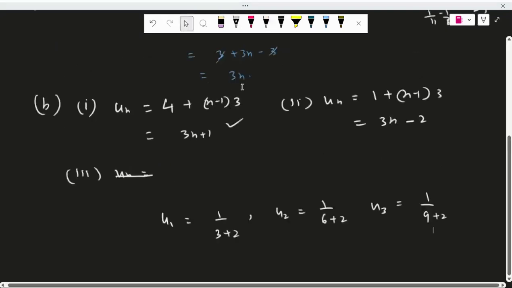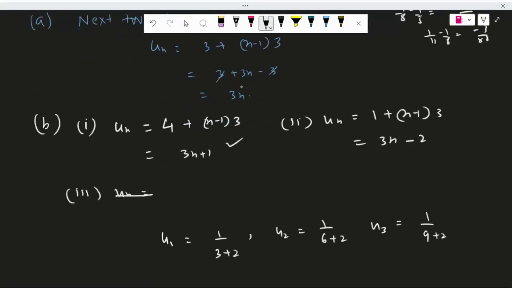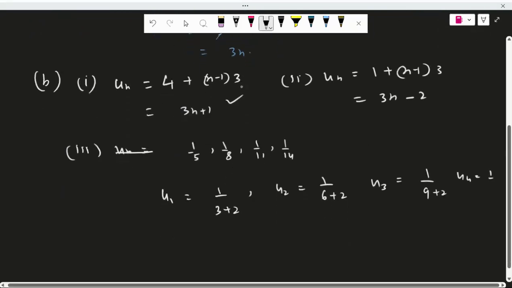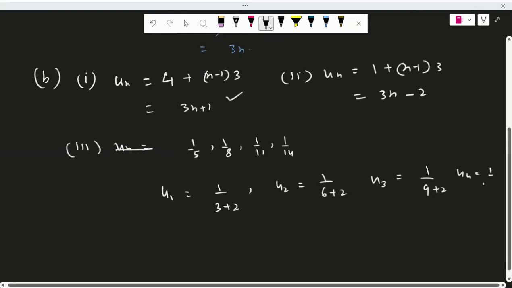We had 1 over 5, 1 over 8, 1 over 11, 1 over 14. So now U4 is what? 1 over 12 plus 2.